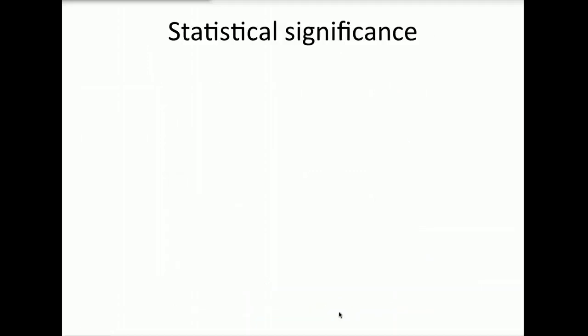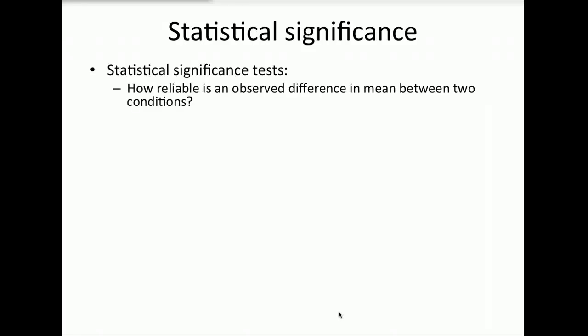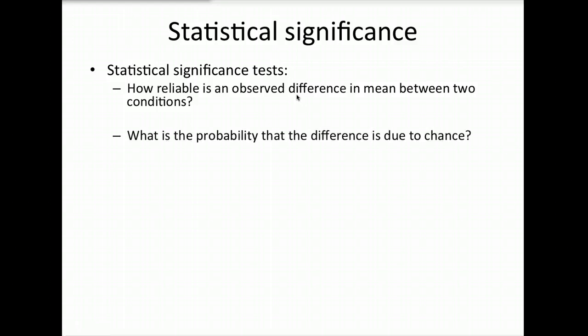Now let's go more into detail about what it means for something to be significant. In order to establish whether a difference in mean is significant, we apply significance tests, and the purpose of these tests is to calculate how reliable an observed difference in mean is between two conditions.